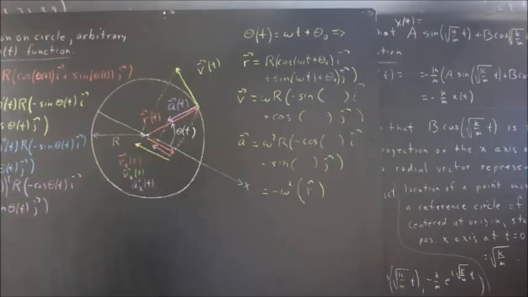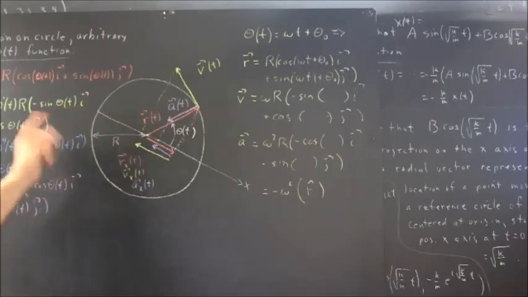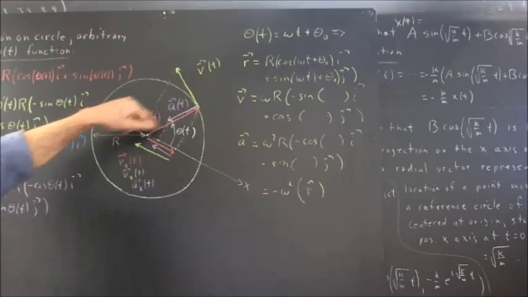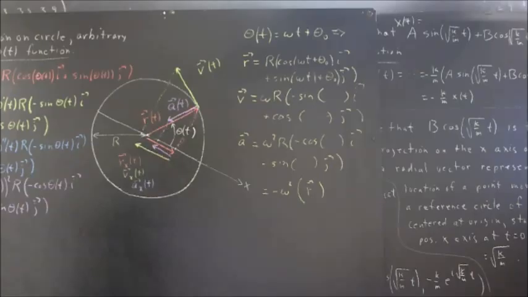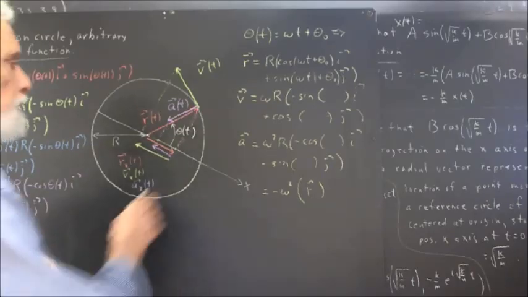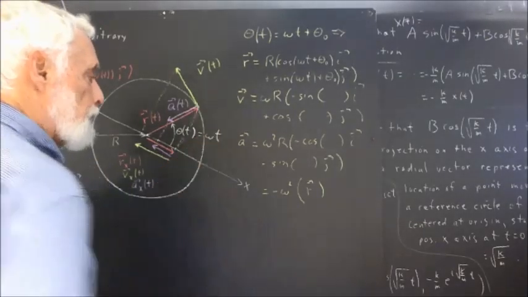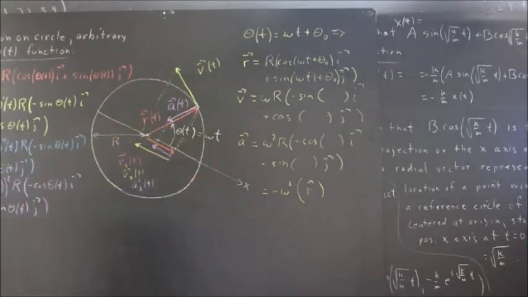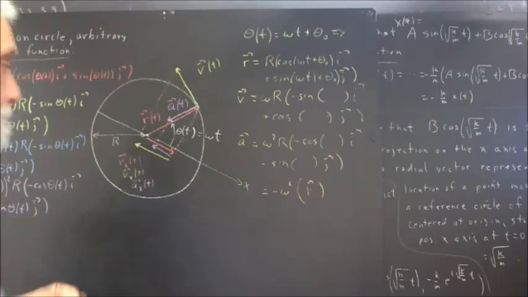Well, that projection is just r times the cosine of this theta of t function. Now, theta of t is going to equal, in this case, omega t. So here's your theta of t equal to omega t, and omega is equal to the square root of k over m.